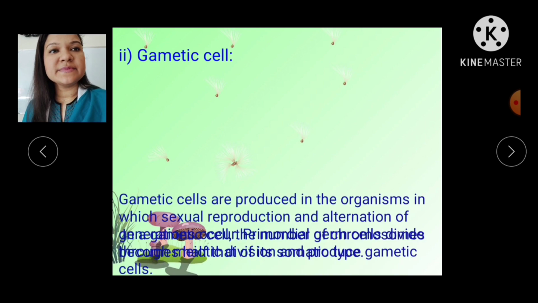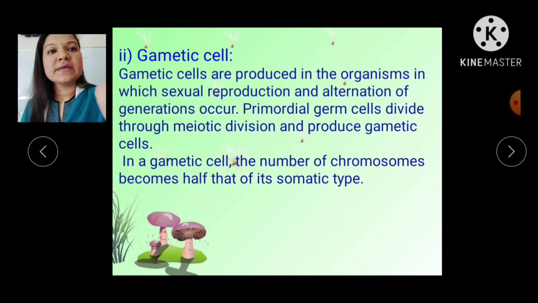And then the gametic cell. Gametic cells are produced in organisms in which sexual reproduction and alternation of generation occur. Primordial germ cells divide through meiotic division, that is meiosis, and produce gametic cells. In a gametic cell, the number of chromosomes becomes half that of its somatic type.